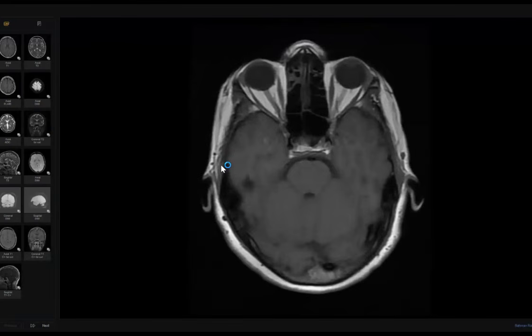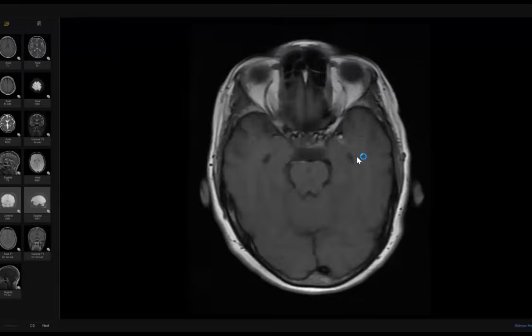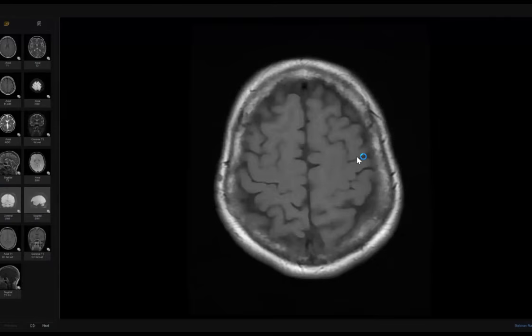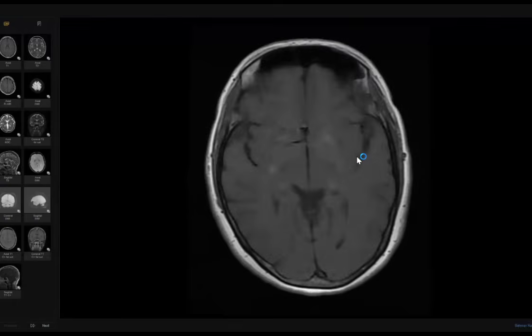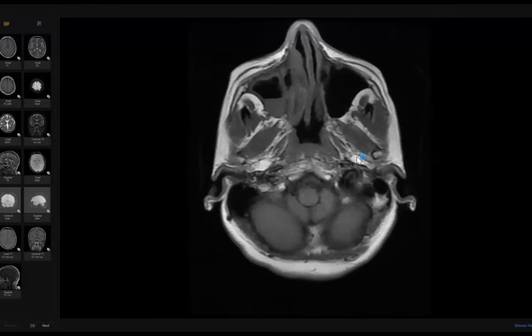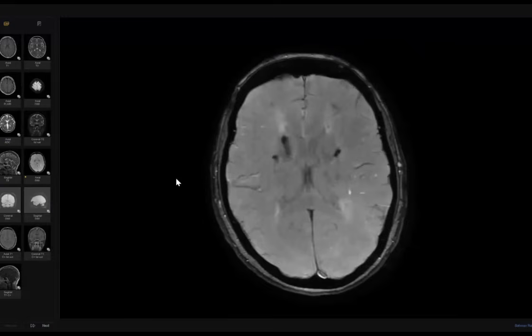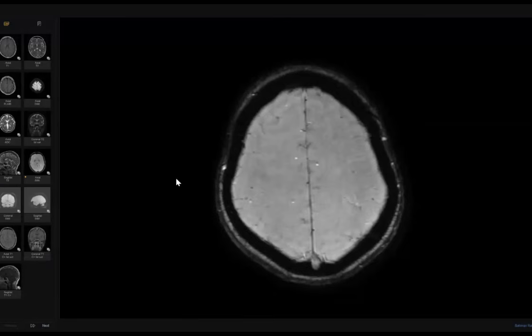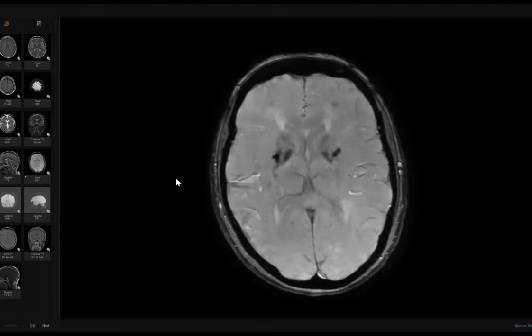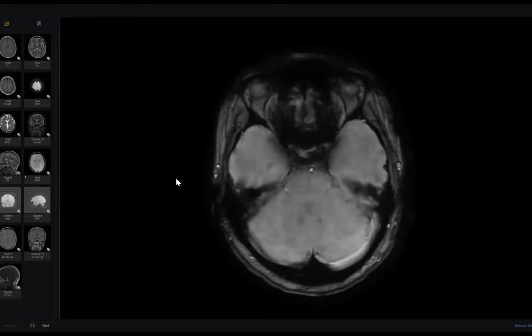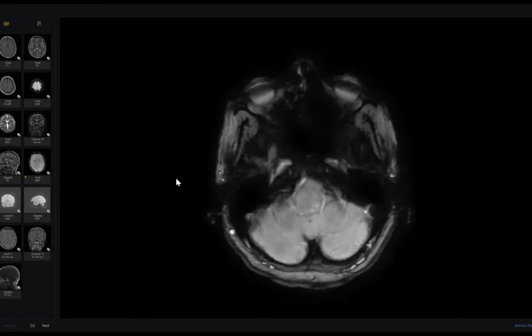What's your provisional diagnosis? The exact location and high mineral deposition suggest a depositional disease such as hepatic encephalopathy.